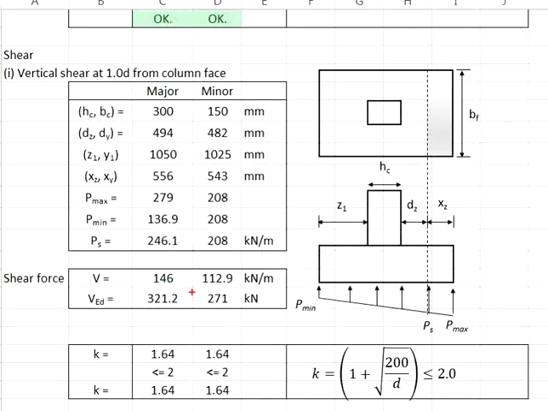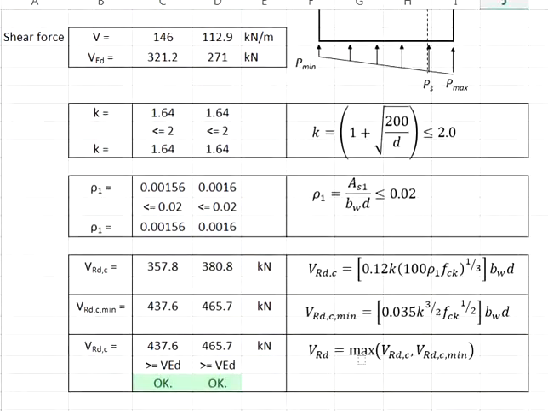That will give you the shear force of 271 kilonewton. Next, we're going to proceed with the calculations to determine the shear resistance of the pad footing, both in the major axis and the minor axis.